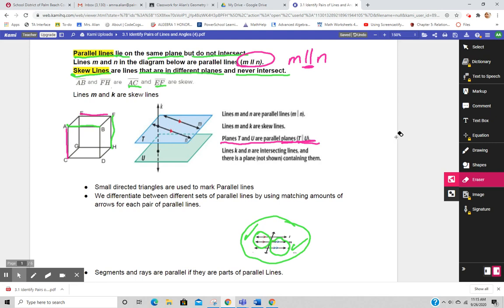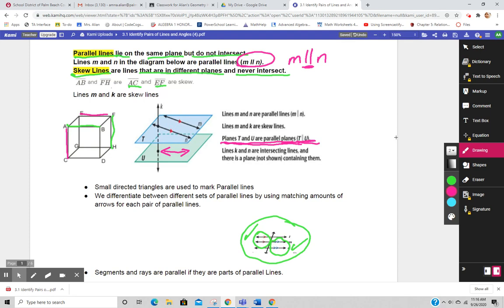Since these two planes are parallel, they told us they are parallel right here. Since they are parallel, that means any line that I can draw in U will be parallel to plane T. And it's true for plane T also.